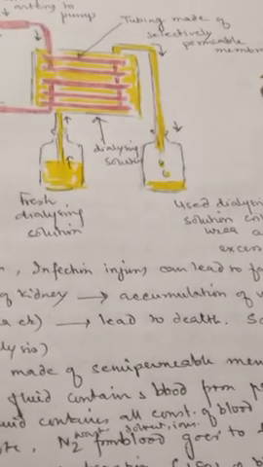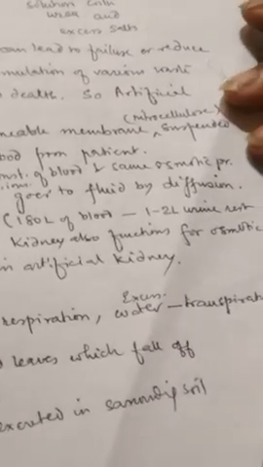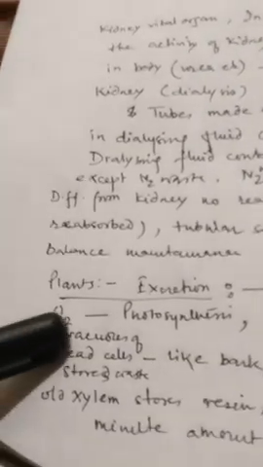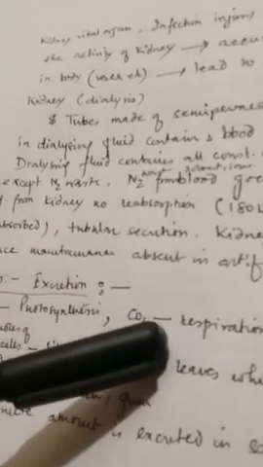Now we know that plant excretion is absolutely different from that of animals. Clear? Plants excrete various things. What do they excrete? They excrete oxygen during photosynthesis. They excrete carbon dioxide during respiration.